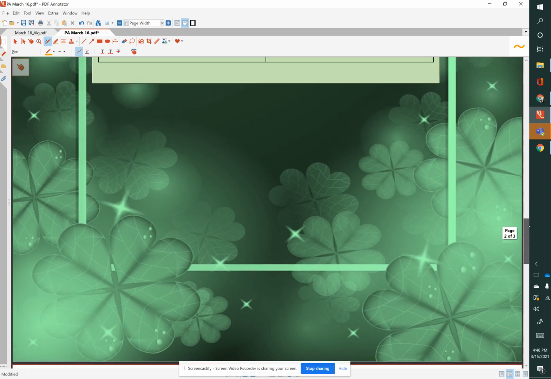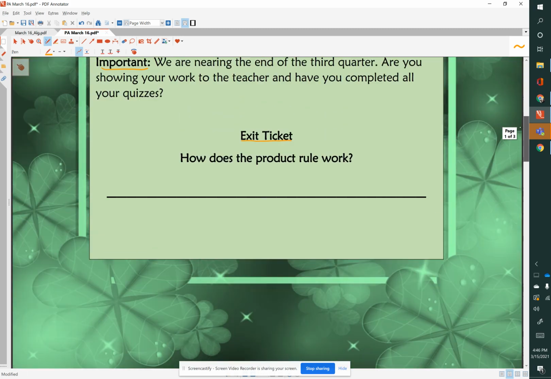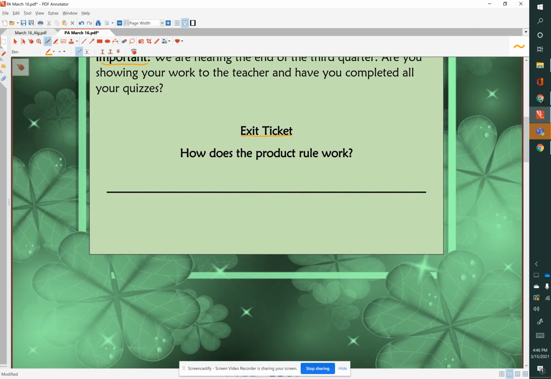So let's go back to our exit ticket, which asks us, how does the product rule work? When you multiply exponential expressions, you add the exponent.